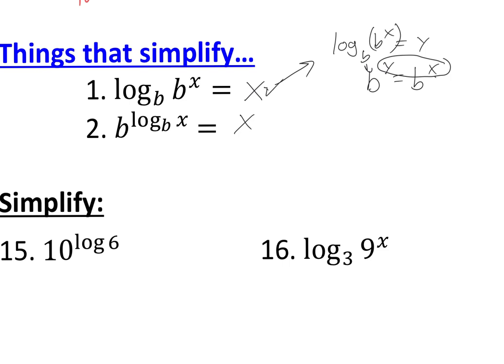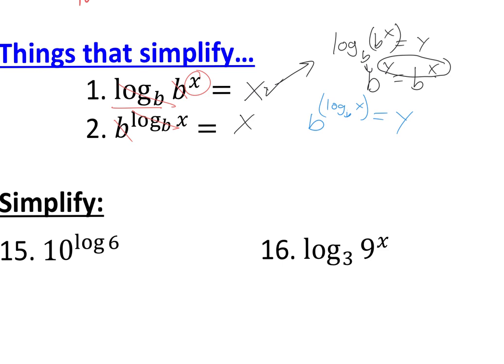So essentially what happens here is that this log base b and this base b cancel each other out, and you're left with just what's in the exponent. And the same thing is going to happen here. These guys are going to cancel each other out. Why? Let's see why. So I have b to the exponent of log base b of x. So this whole thing is the exponent. If I set this equal to y, it's in exponent form, even though it's a log in the exponent.